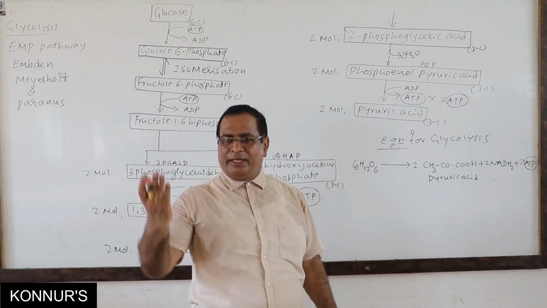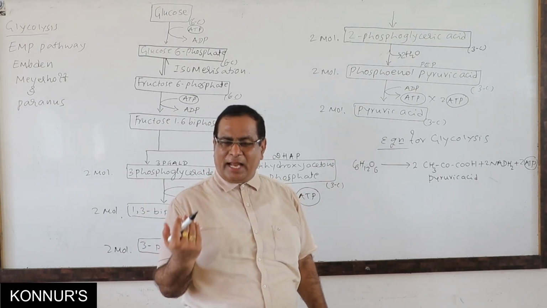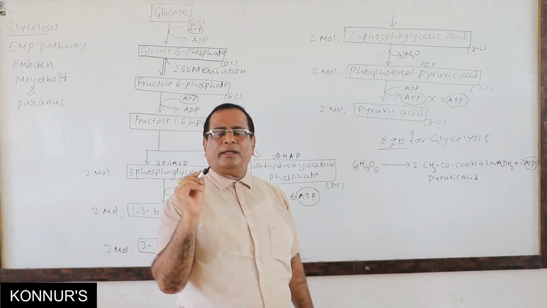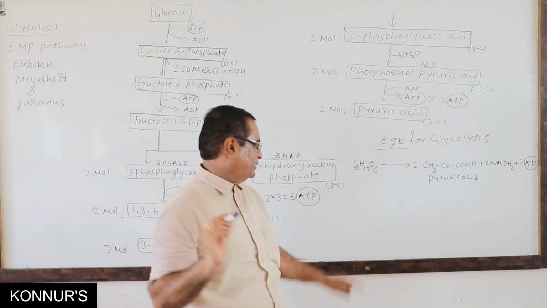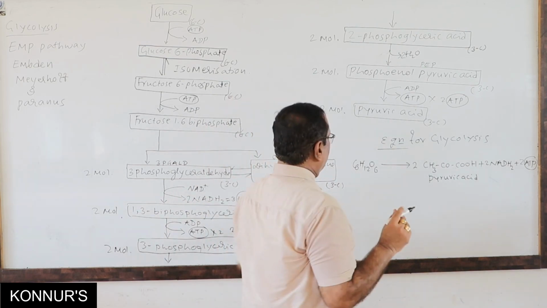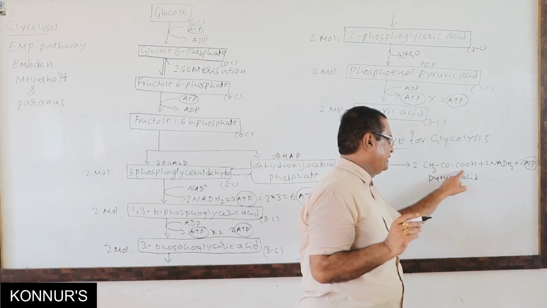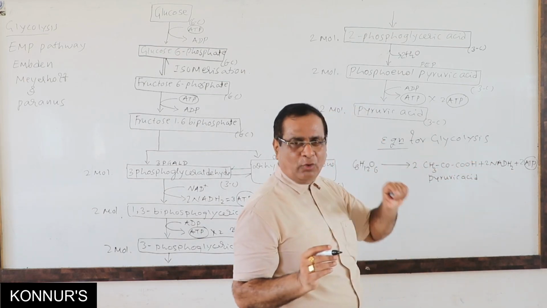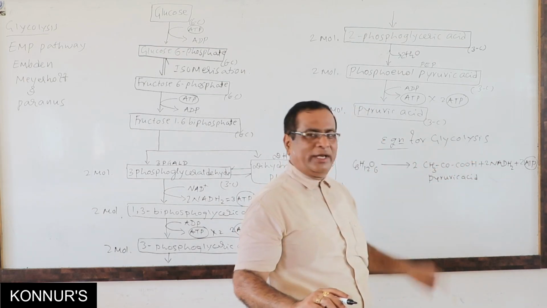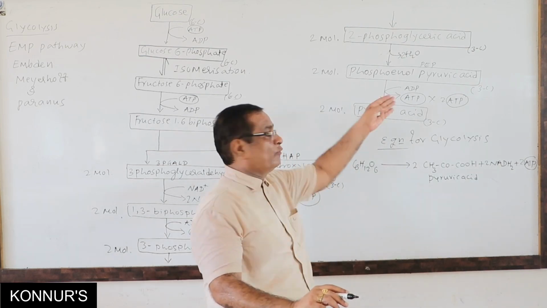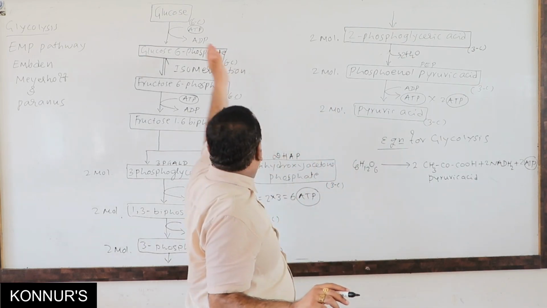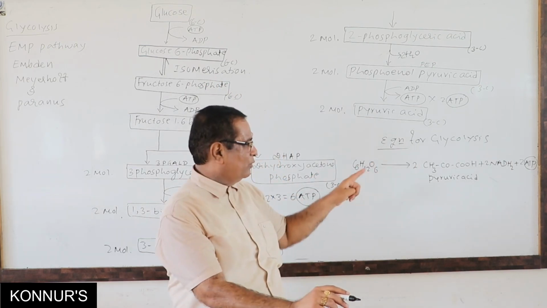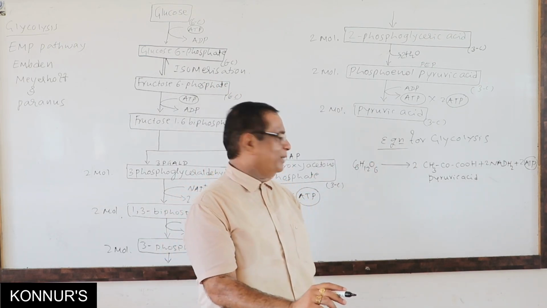They may ask by giving many equations. They can ask in NEET, which of the following is the equation for glycolysis? 1 glucose gives 2 pyruvic acids, 2 NADH2 and 2 ATPs are formed. Actually 4 ATPs are formed, but here 2 ATPs are used. That's why we have written 2 ATPs.